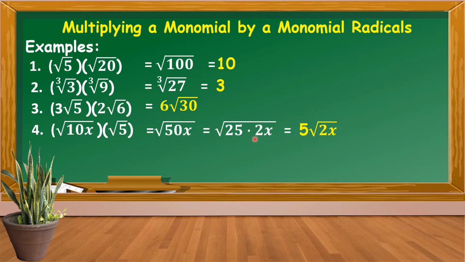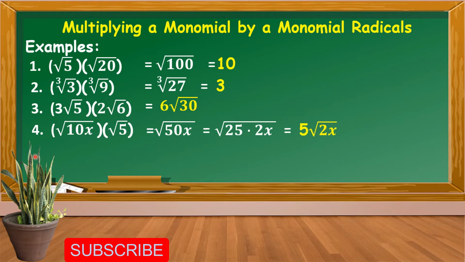That is 25 and 2. So, hanapin natin yung square root ng 25. That is 5. So, ilabas natin yung si 5. Since ito 2x, wala siyang square root, naiwan siya as our radicand. So, ang ating final answer is 5 square root of 2x.